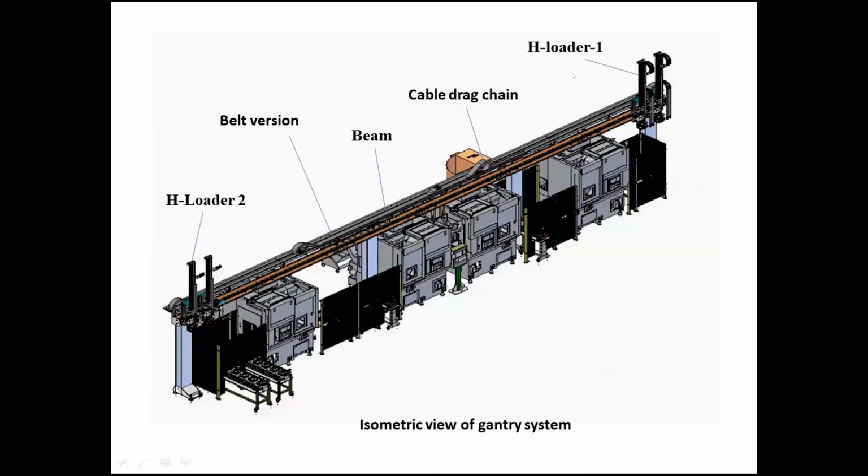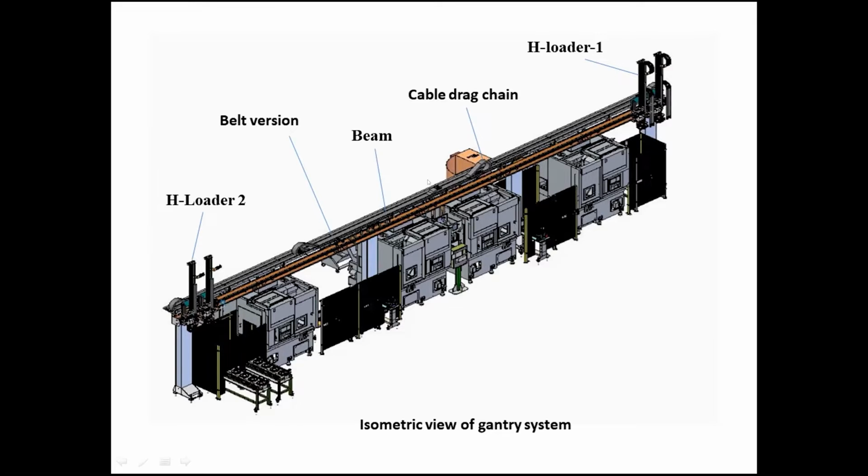There are two H loaders. H loaders means these loaders are in the shape of H. One loader is used to unload the part, and the other is used to load the part onto the CNC machine and other subsequent stations. Then there is an 18-meter beam which is split into 6 beams of 3 meters each.